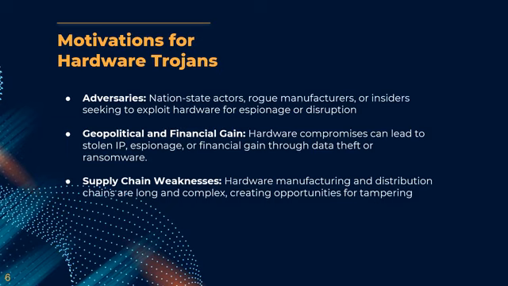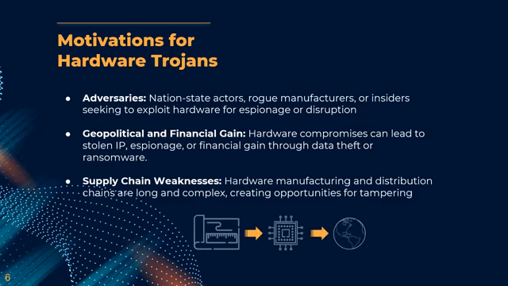One of the biggest risks is the supply chain itself, between design, manufacturing, distribution, and even the final product. There are numerous points where malicious circuits can be embedded and utilized. The longer and more global the supply chain, the harder it is to guarantee its integrity. Understanding these motives and risks is key to designing effective defense strategies.